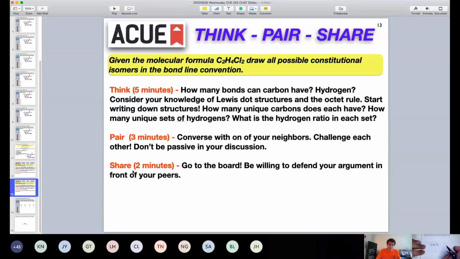So we want to determine from this given, what is the fully saturated alkane for C2?